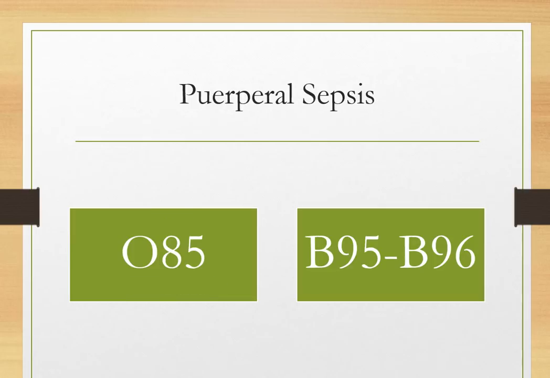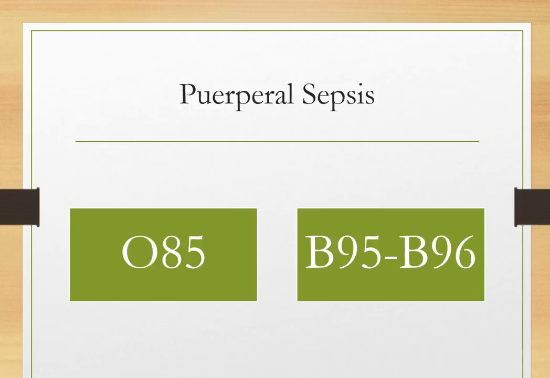Puerperal sepsis. Puerperal sepsis, which is code family O85, should be assigned with a secondary code to identify the organism that's impacting the patient, and we know those organisms are found in B95 and B96.